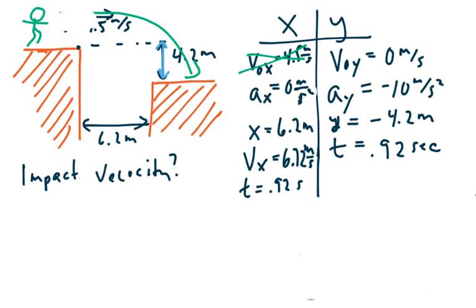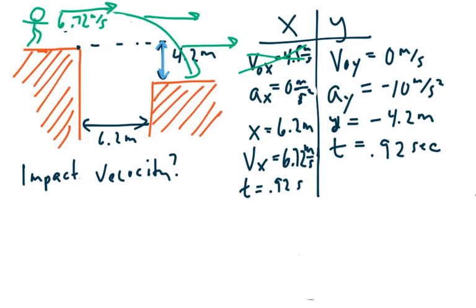Let's go back up to our sketch. He's going to project himself out at this initial speed of 6.72 meters per second. As he moves through the air, he will maintain that horizontal velocity, so at any given time he's still moving in the x direction.